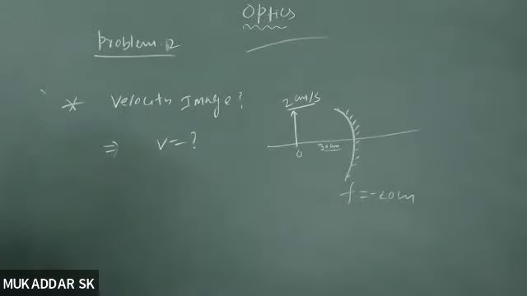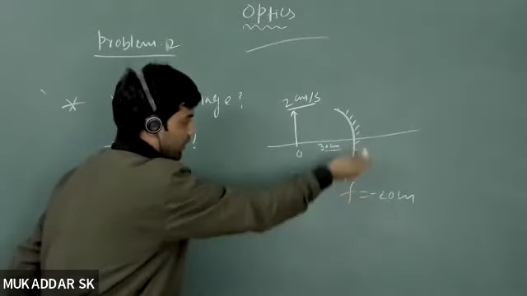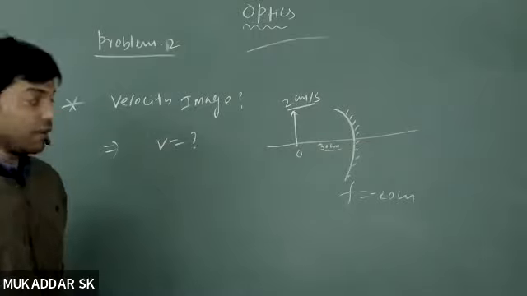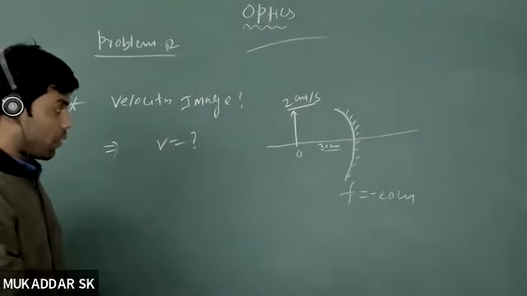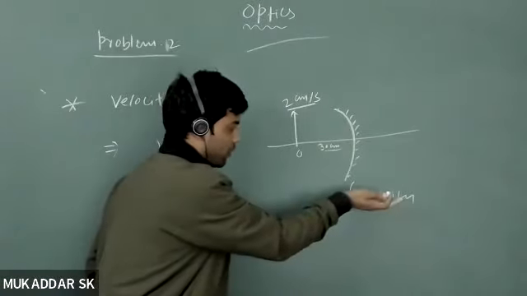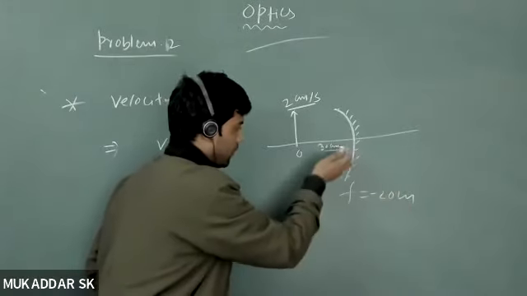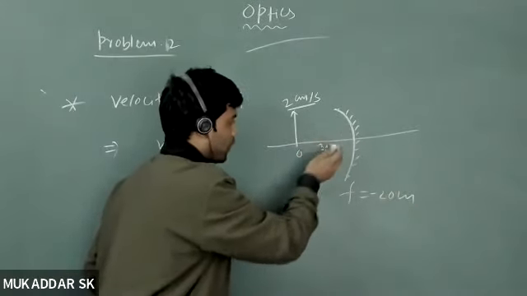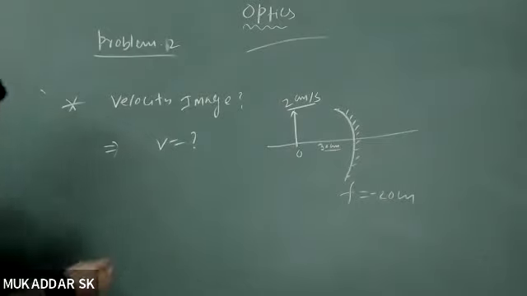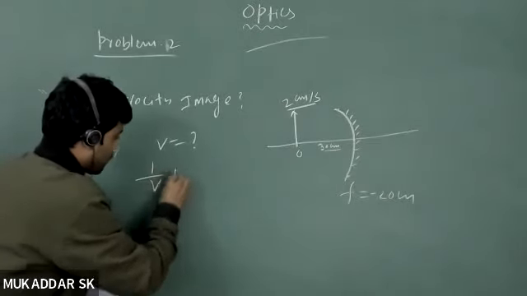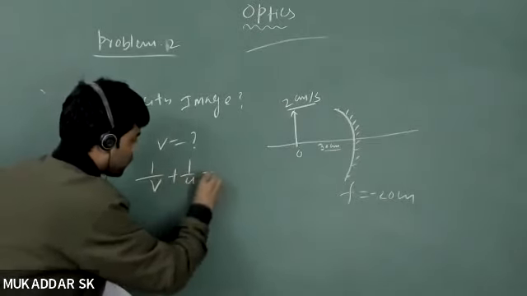Okay. So if you see that data is actually same. If you see that initial problem, in problem number 1, we have used this data, right? Focal length was 20 centimeter and distance of point object from pole, it was 30 centimeter. And we have obtained by using this formula 1 by v plus 1 by u equals to 1 by f.